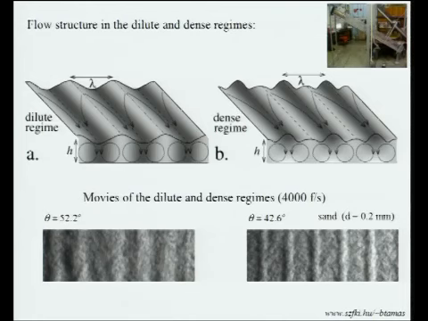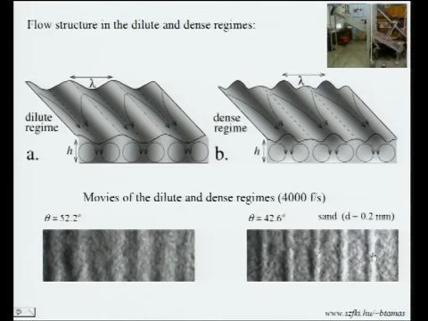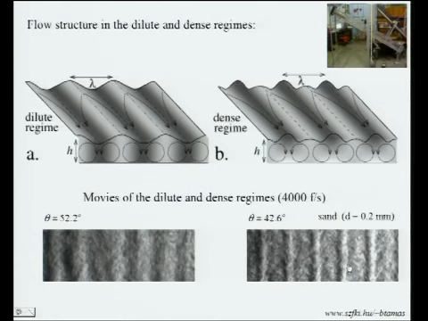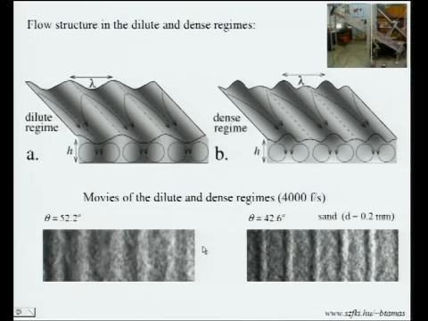So now here are the two structures. This is what I have shown earlier for the dilute regime. And this is what we have now for the dense regime. Quite different, isn't it? So here you have these height maxima, which are moving fast. And actually, they correspond to a dense region here on the surface. And the circulation goes this way. I'll play the movie once more.